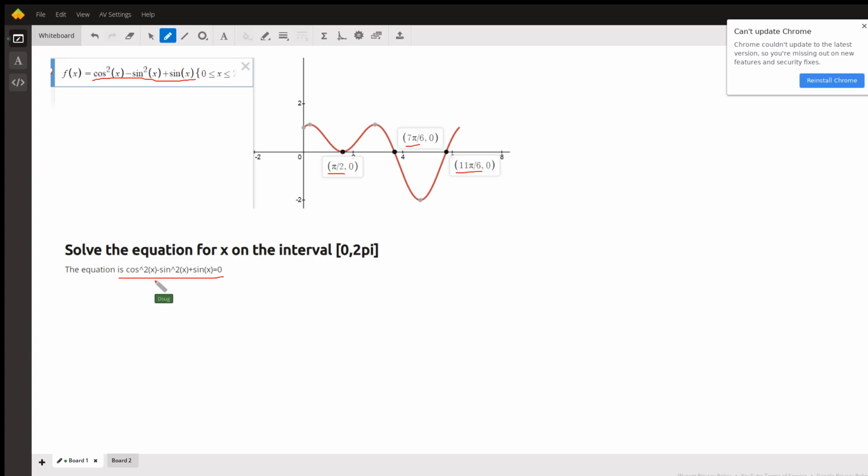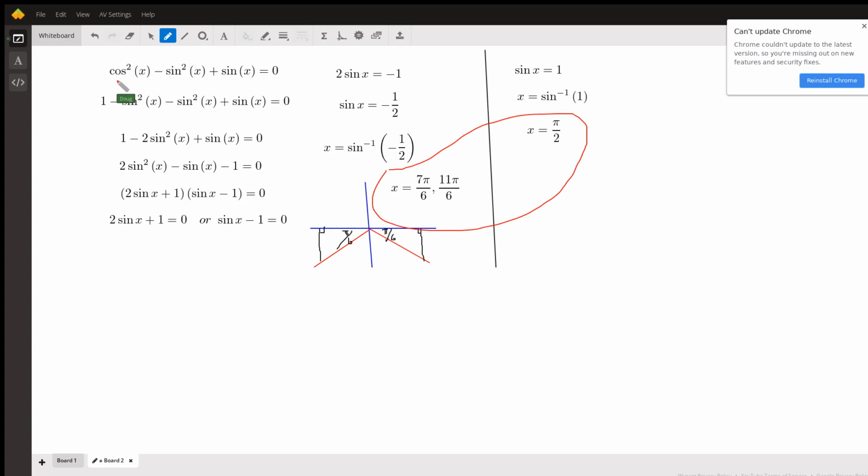The idea is going to be, well, you see sine squared and sine, so it might be a good idea to get rid of this cosine squared. And since sine squared plus cosine squared equals 1, cosine squared is 1 minus sine squared, which is what I show right here. Okay.